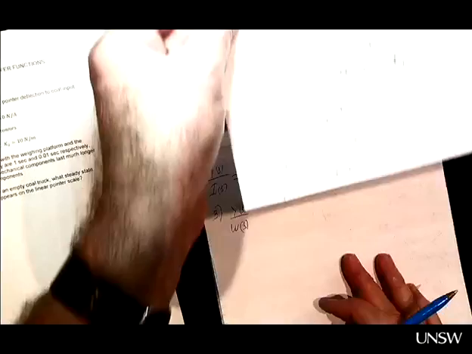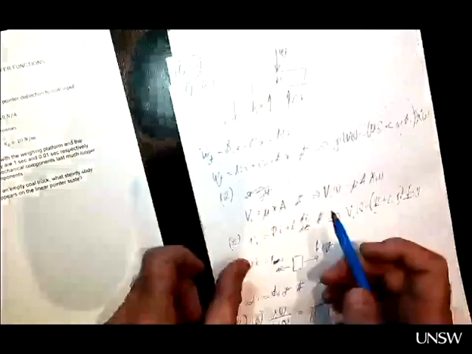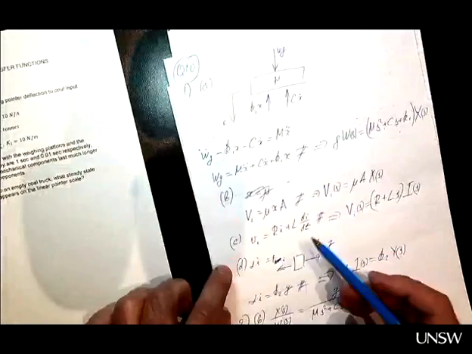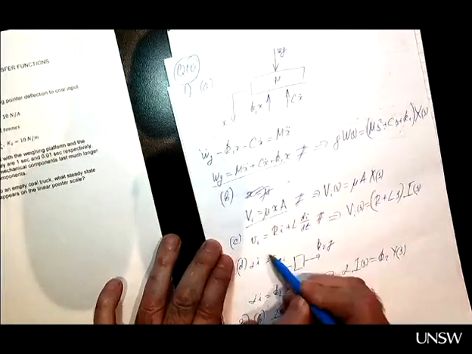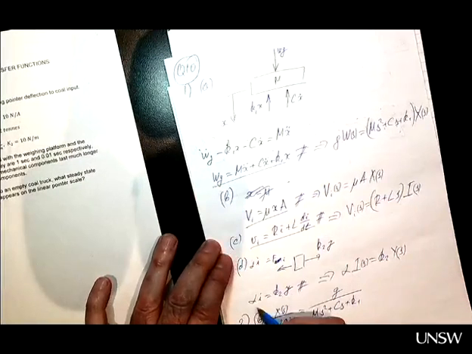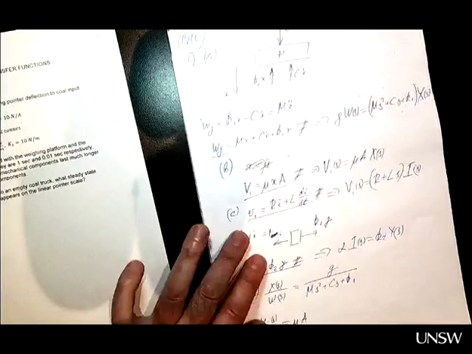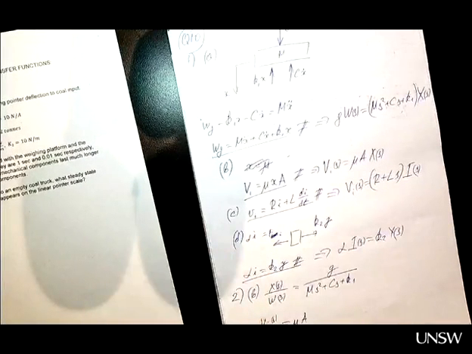The long and tedious way is to get back to these four differential equations and eliminate all intermediate variables that you don't need.